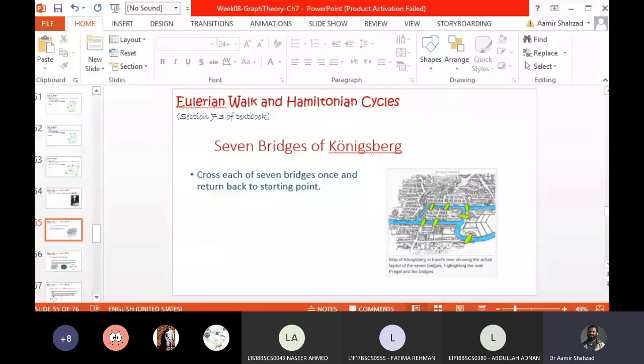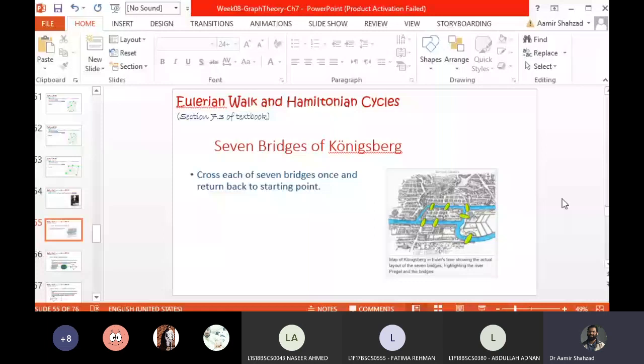So anyways, the problem is that we have 4 parts of the city, a river passes through the middle, and it has this shape. So we have 7 bridges that connect different parts of the city. You can see 2 bridges above, 2 bridges below, and 3 bridges on this side. So total 7 bridges we have.